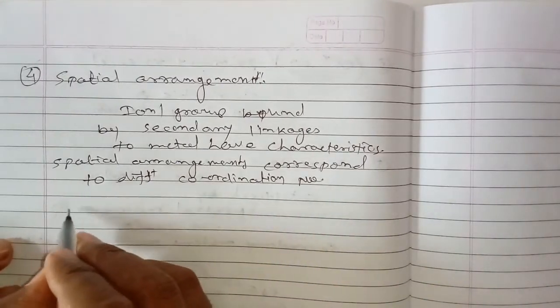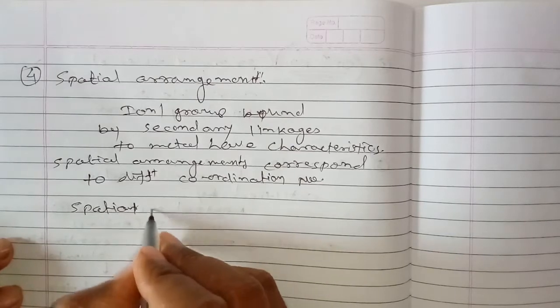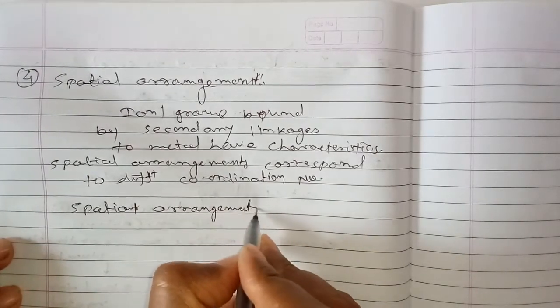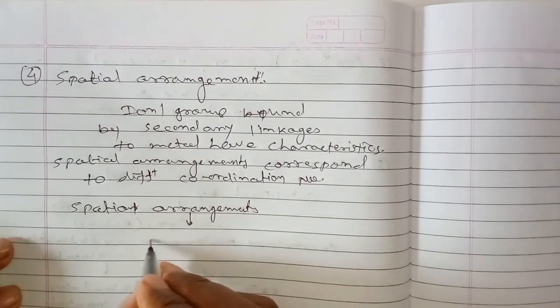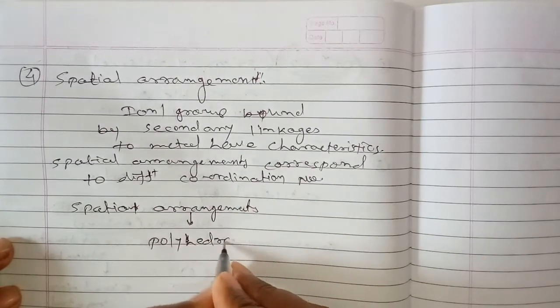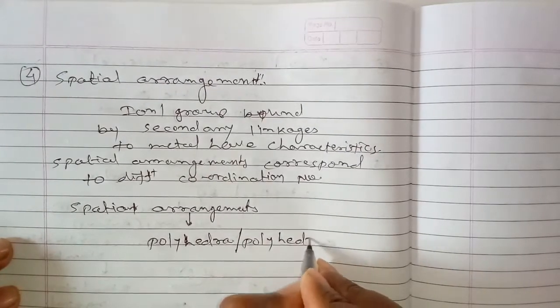Here the spatial arrangement is called a polyhedra or polyhedron.